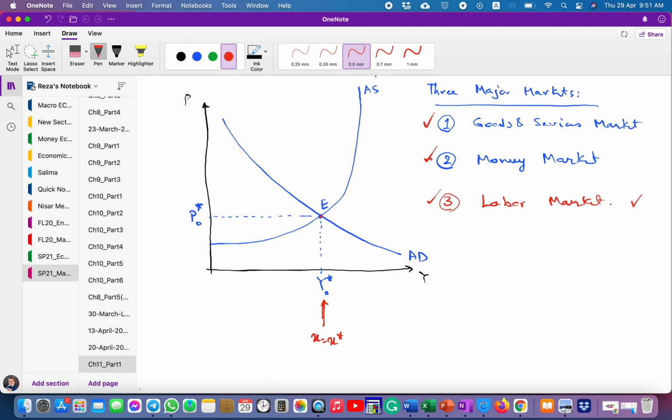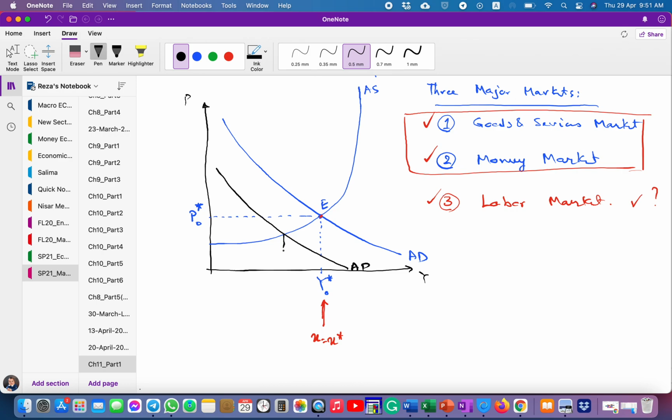But does it guarantee that if these two are happening, this is also going to happen? Not necessarily. Maybe aggregate demand is here, and we assume that the labor market is in equilibrium. So if we are at Y1, then we are in recession.